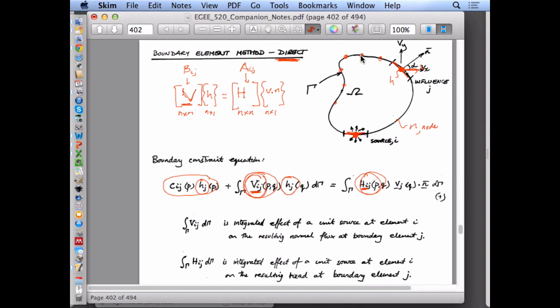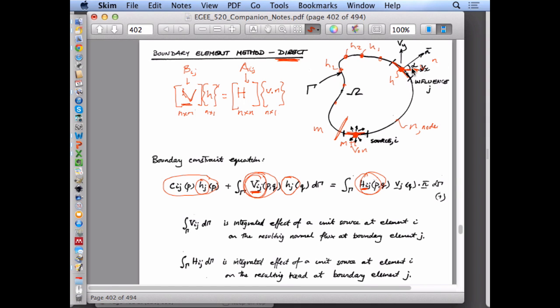But if you think about these nodes around the boundary, and it typically is done in terms of nodes, just like finite elements, then what happens is that here we might know the heads, say heads 1, 2, 3. But for other portions, we might know normal to the boundary velocities. So you could imagine that nodes 1 through m and m plus 1 to n.